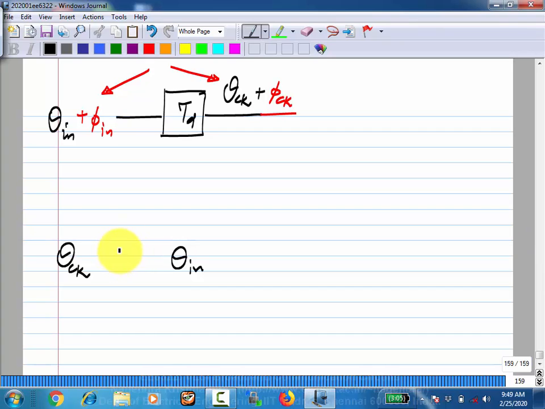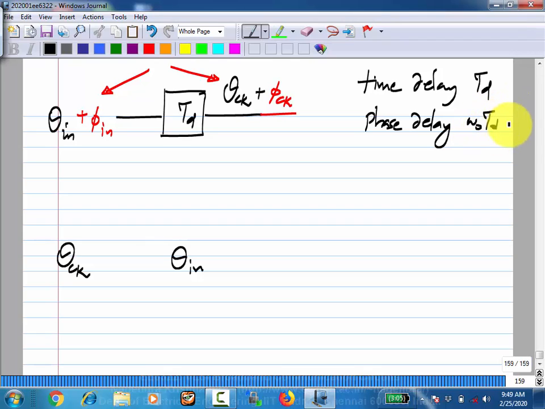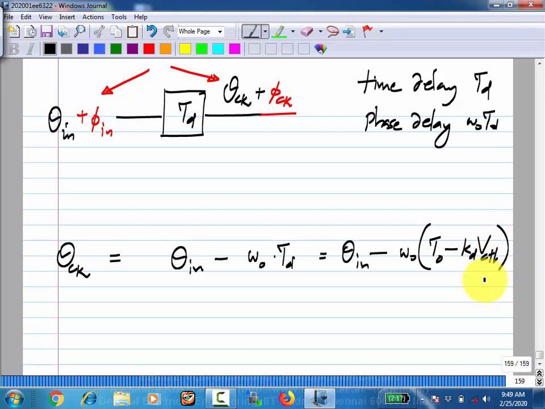So basically, this time delay Td means a phase delay omega naught Td, right? Okay, so this is equal to phi n minus omega naught Td, which is basically phi n minus omega naught, and this Td itself is T naught minus Kd times the operating point control voltage.